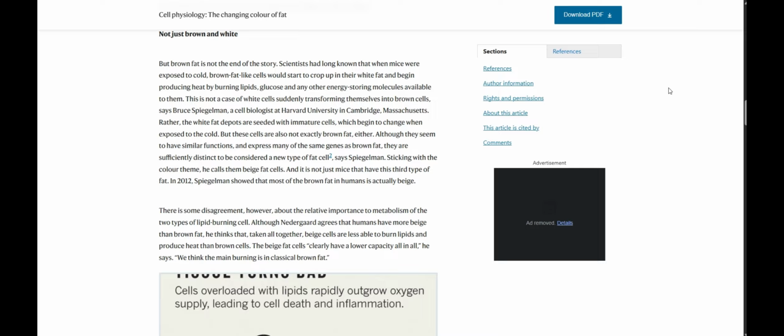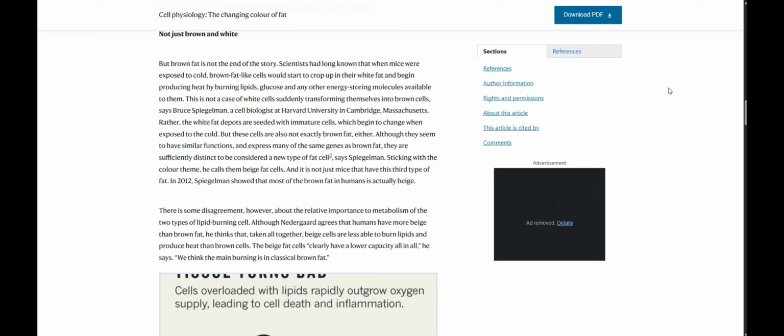Scientists had long known that when mice were exposed to cold, brown fat-like cells would start to crop up in their white fat and begin producing heat by burning lipids, glucose, and any other energy-storing molecules available to them. This is not the case of white cells suddenly transforming themselves into brown cells, says Bruce Spiegelman, a cell biologist at Harvard University in Cambridge, Massachusetts. Rather, the white fat depots are seeded with immature cells, which begin to change when they are exposed to cold.